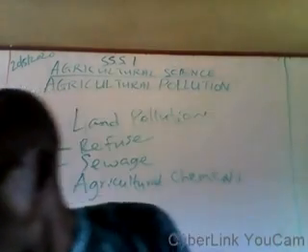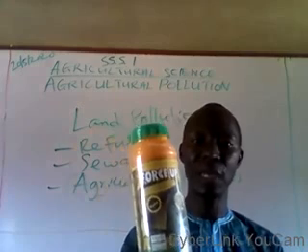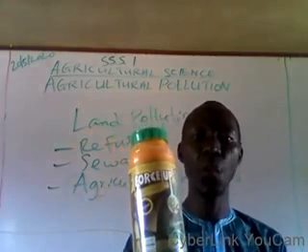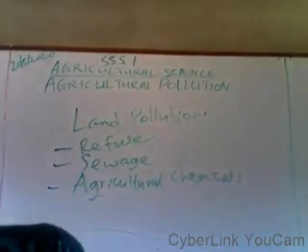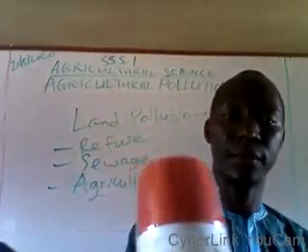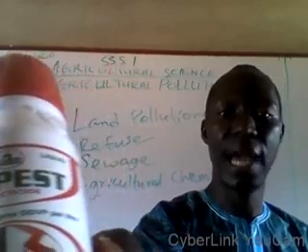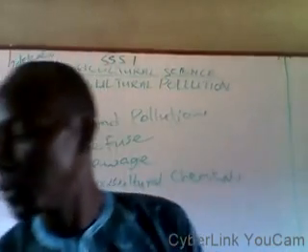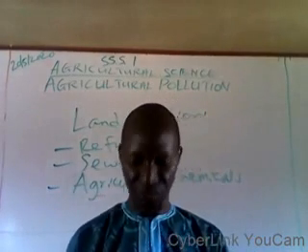For example, the farmer makes use of herbicide, the chemical used for killing or controlling weeds. The farmer also makes use of insecticide, the chemicals used for killing pests that attack crops on the farm.